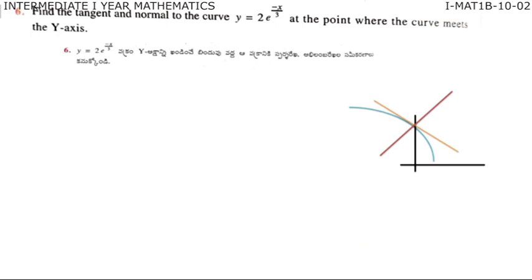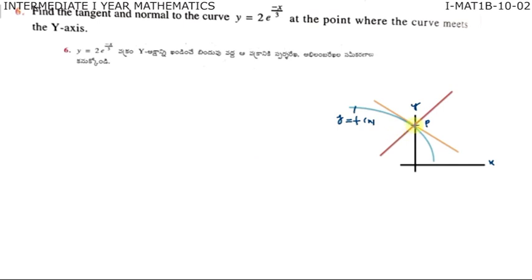Find the tangent and normal to the curve at the point where the curve meets the y-axis. So y is equal to f of x is the given curve. This is the y-axis and this is the x-axis. The curve meets the y-axis at this particular point, and at that point we have to find the tangent equation and normal equation.